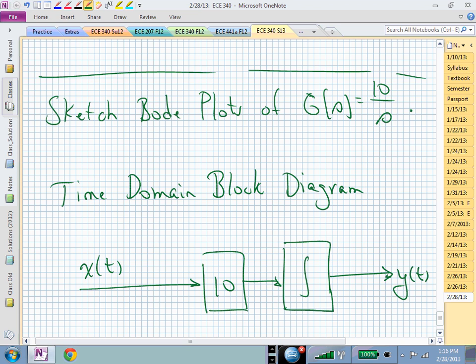Just any kind of constant, wouldn't it? Any constant would, if you put in a constant here and integrated it, what's the output going to do? Just going and going. It's going unbounded, isn't it? I want you now to sketch the Bode plot of 10 over S.